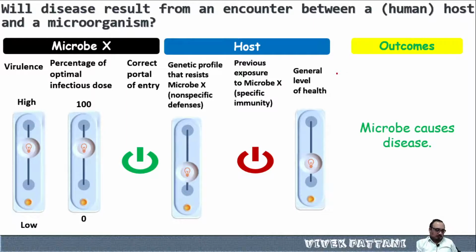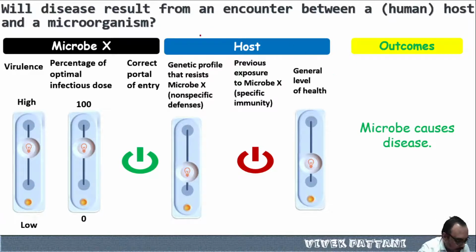Now the last scenario: when can the microbe cause disease? When virulence is high, the percentage of optimal infectious dose is high, the portal of entry is correct, the genetic profile does not resist the pathogen, there was no previous exposure to the pathogen, and also the general health level is very low.